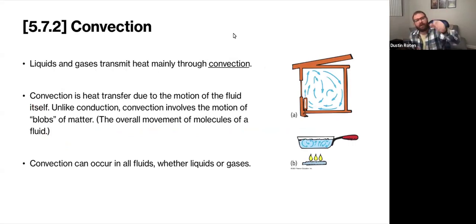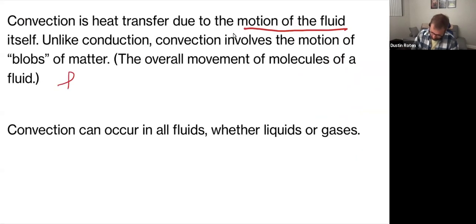Let's talk about how liquids and gases do it. And this is liquids and gases transmitting heat through convection. Okay. Essentially, convection is just heat transfer due to the motion of the fluid itself. So unlike conduction, convection involves the motion of sort of blobs of matter. So think about a lava lamp. Right?